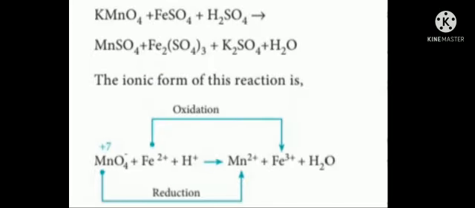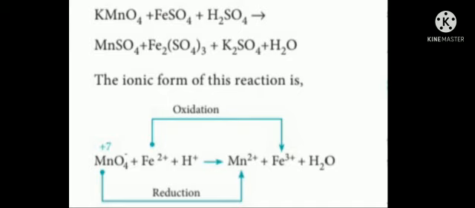The ionic form for the above reaction is MnO4 minus plus Fe2 plus plus H plus, which gives Mn2 plus, Fe3 plus and H2O.